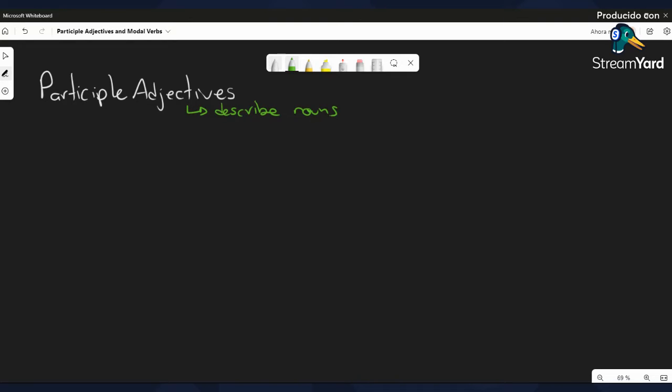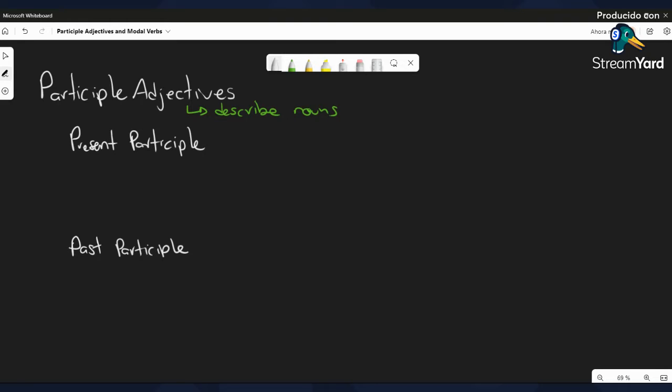A participle has two different forms. You can have a present participle, that's how we call it, and also we have past participles. I'm going to write it here.